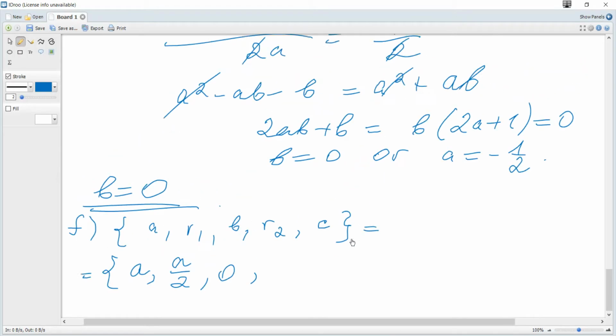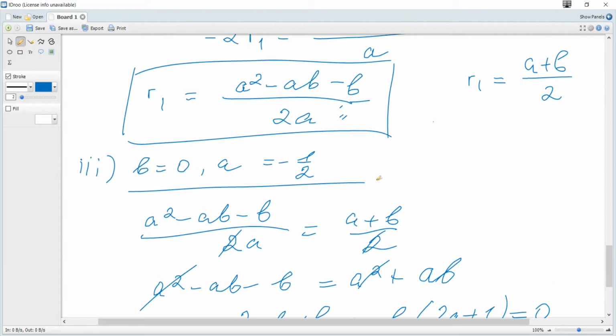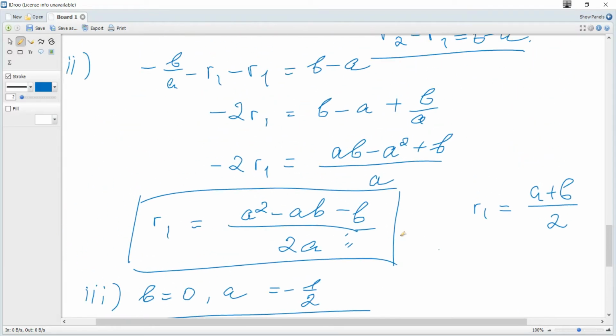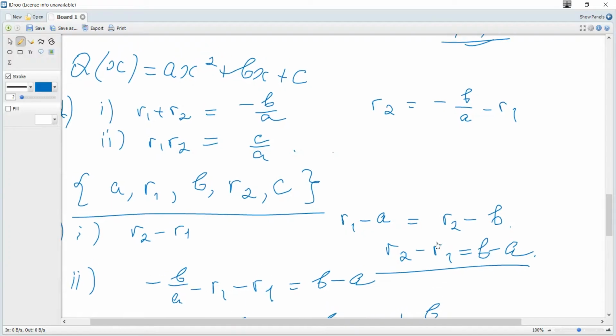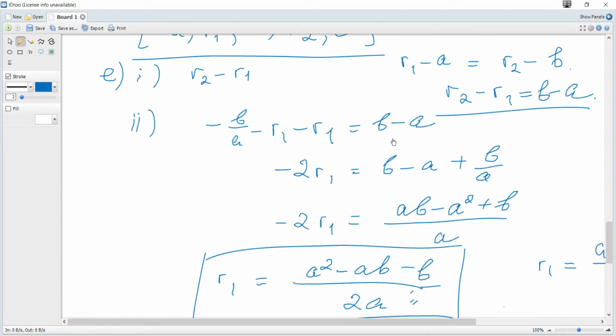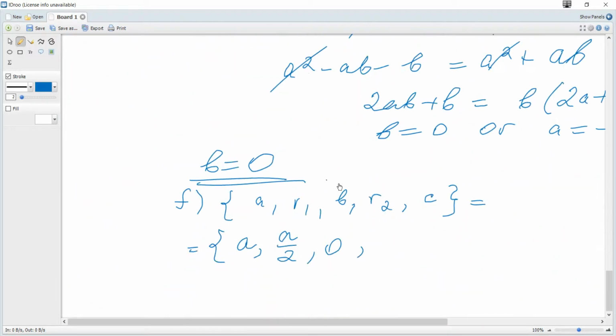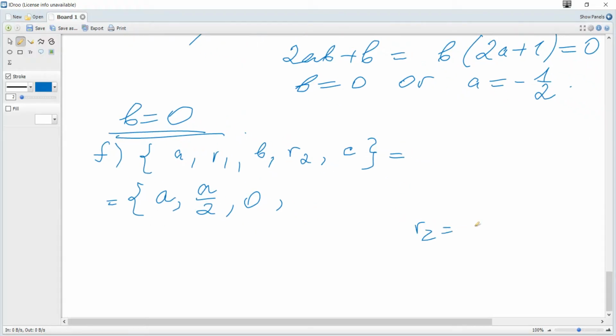And what is R2? R2 is this one, so it's minus B over A minus R1.